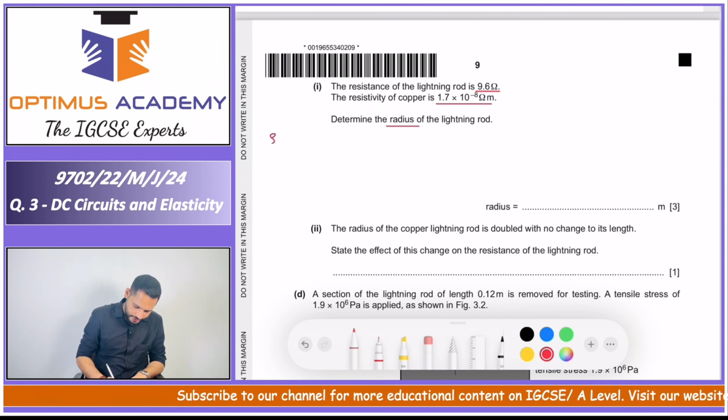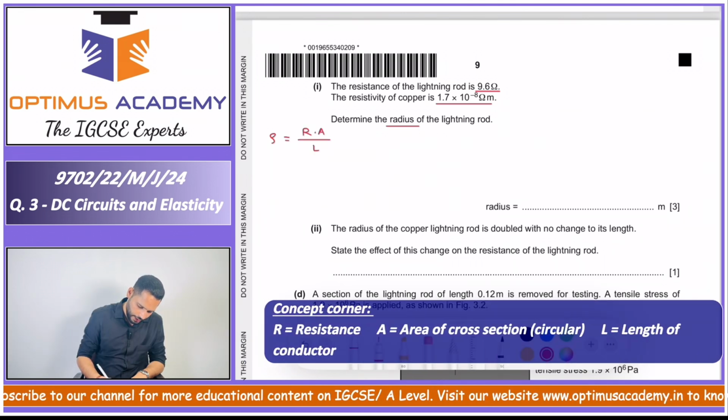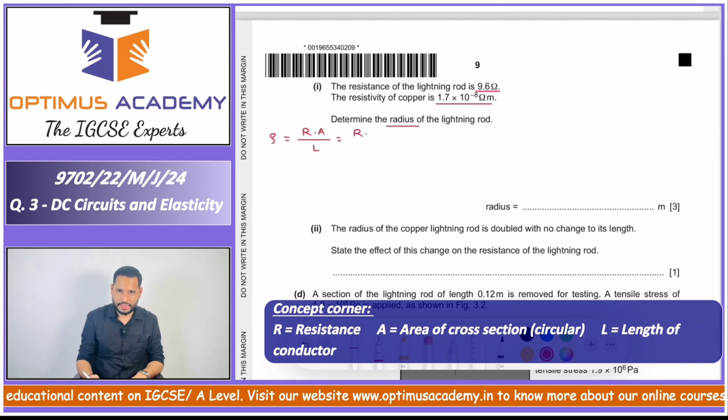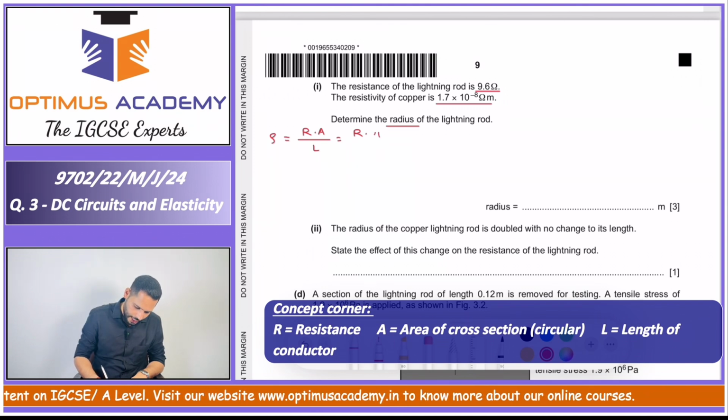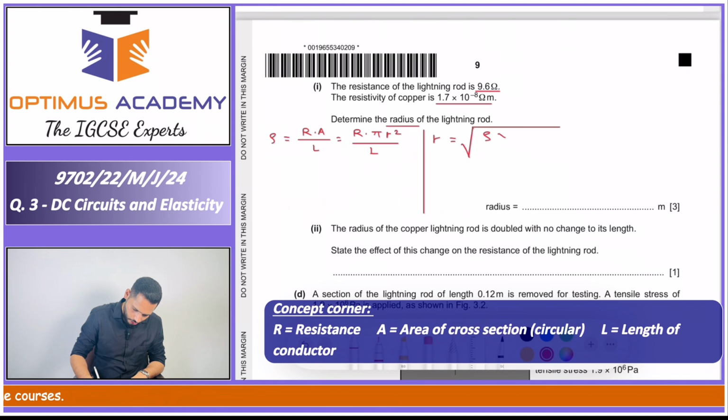We know the formula for resistivity. Resistivity is given as RA upon L, where A is the area of cross section of the cylinder, that is area of circle. It will be R into pi r square upon L. Now if I want radius, it will be under root of rho multiplied by L divided by R into pi.